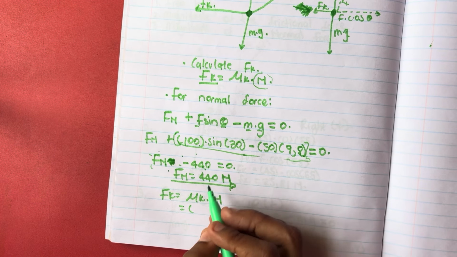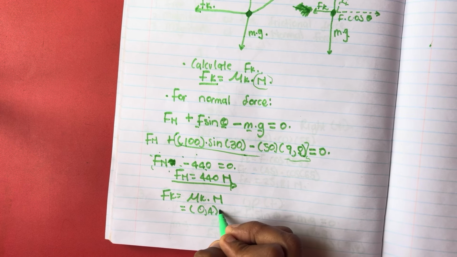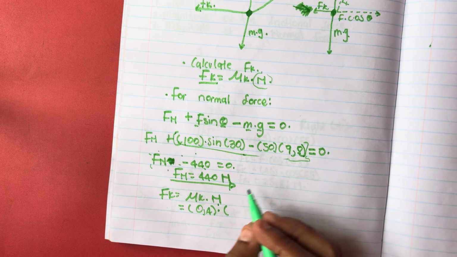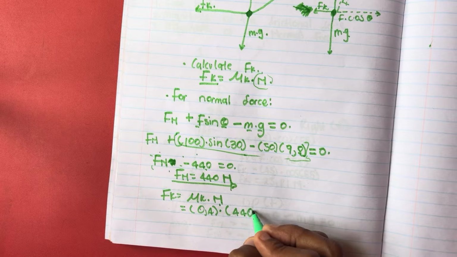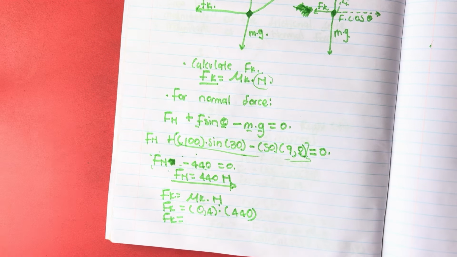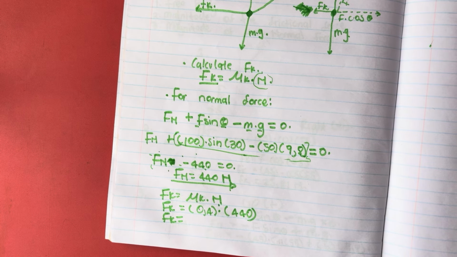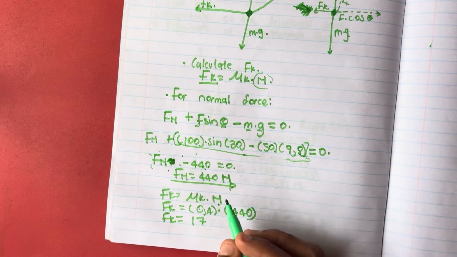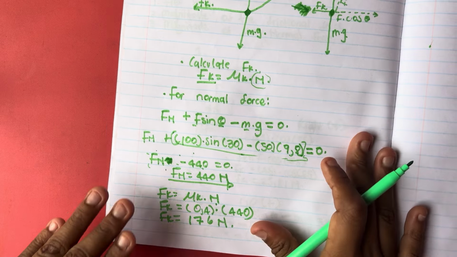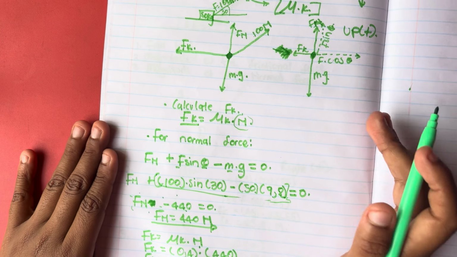So it will be 0,4 multiplied by, what is our normal force now? Our normal force is 440. When you punch this into your calculator, it will give you Fk as 176 Newton, right?